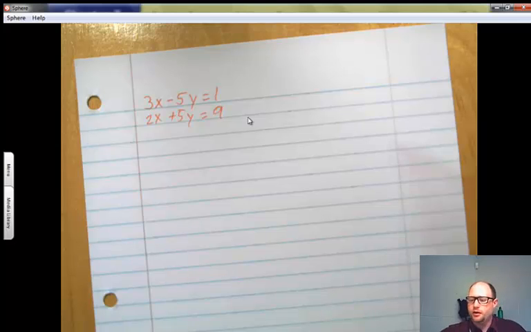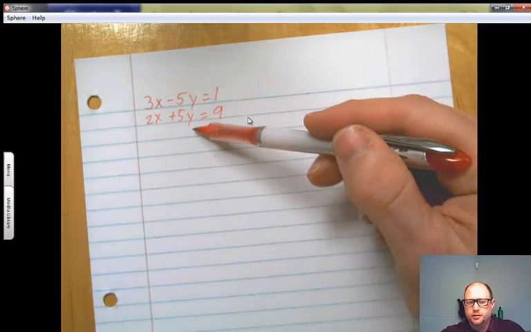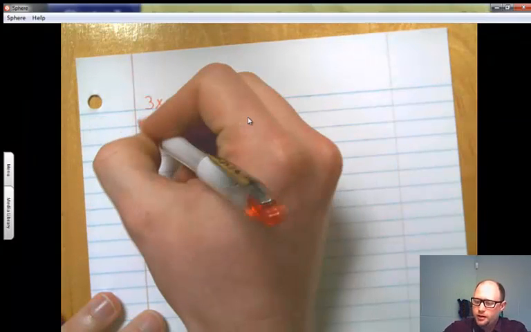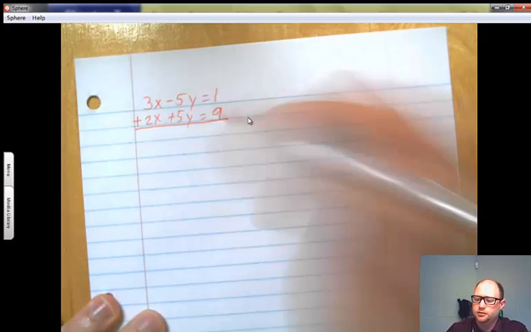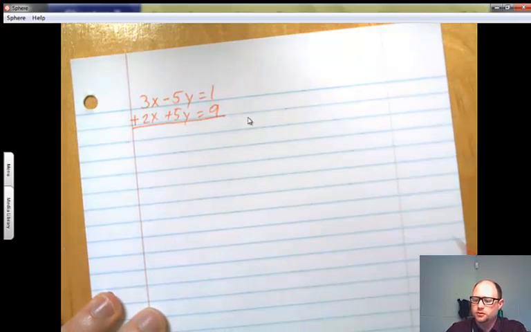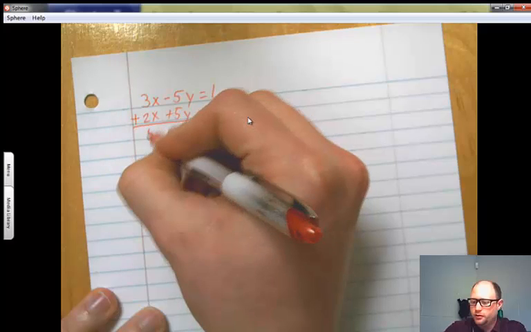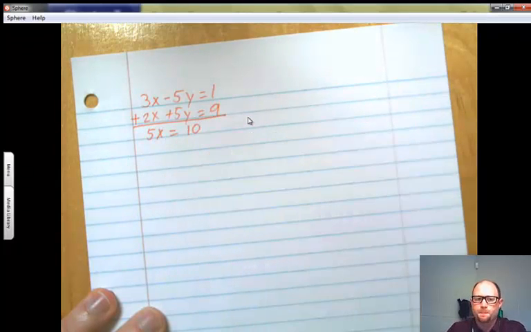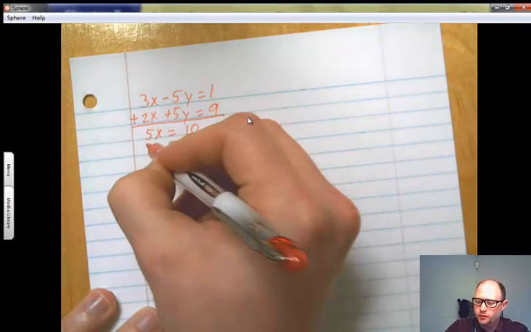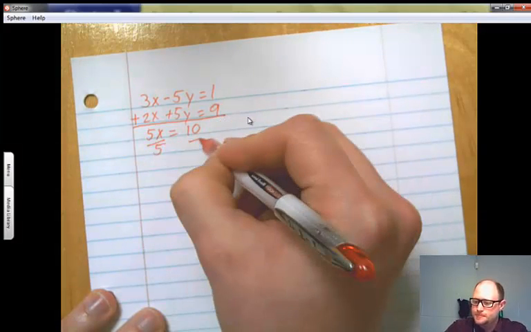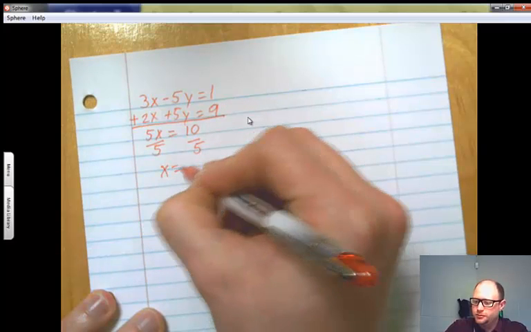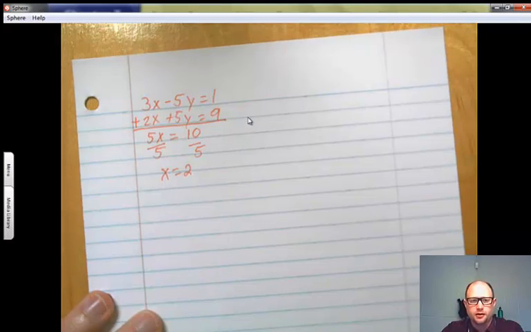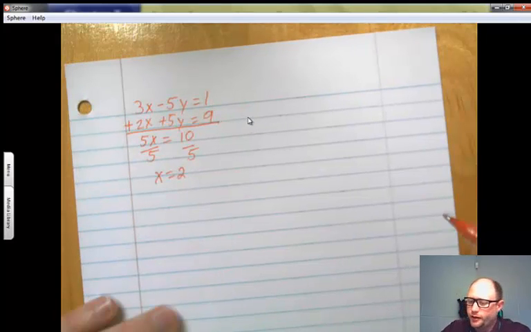So again, we've got our y values here. They're the same number, but they have different signs. So we can simply add these things together, and then your y's will cancel out, leaving you with 5x is equal to 10. So then we divide by 5. X equals 2. Now that I know that x equals 2, I'm going to substitute that back into one of my equations and solve for y.